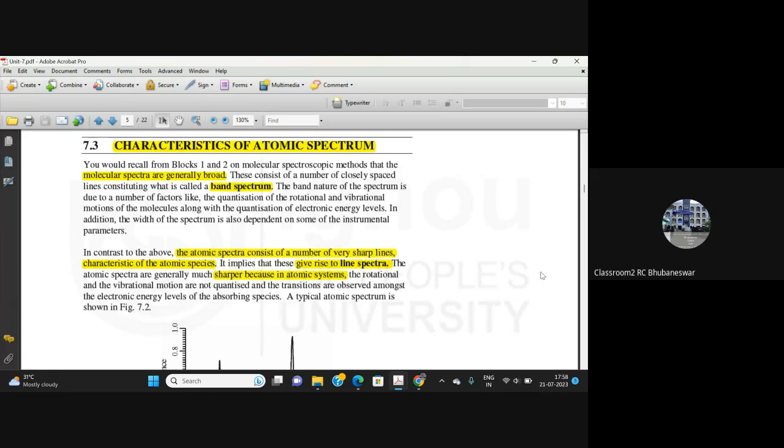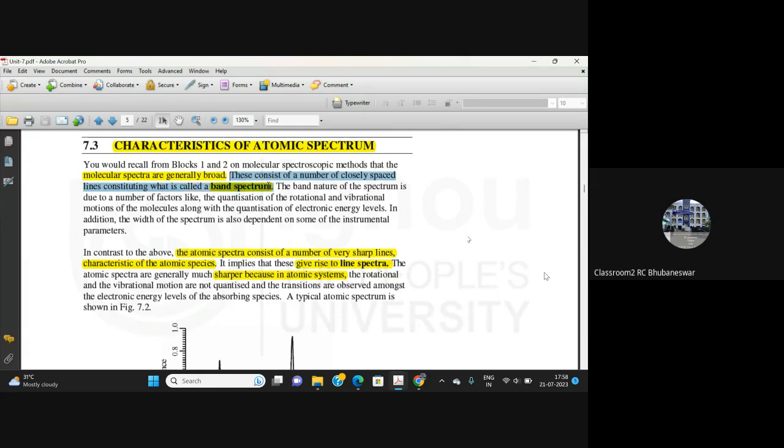Your documentation, this spectroscopic method material is given in such a way that if you read it carefully, everything has been described line by line. So this is the characteristic of atomic spectrum. In block 1 and block 2 on molecular spectroscopic methods, the molecular spectra are generally broad in nature. That is what I was telling you just 5 minutes back. These consist of a number of closely spaced lines constituting what is called a broad spectrum.